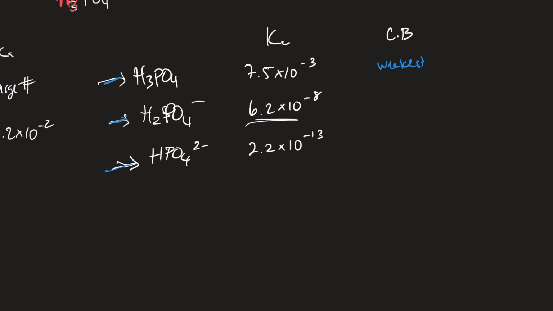While the conjugate base of HPO4 2 negative, right here, will be the strongest because it's from the weakest weak acid. That's the way you can use Ka values to determine the overall relative strengths of different weak acids and strong acids as well.